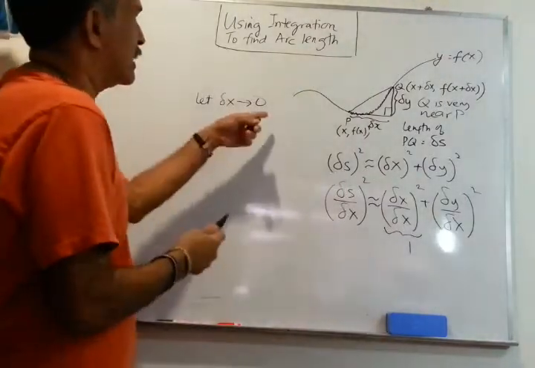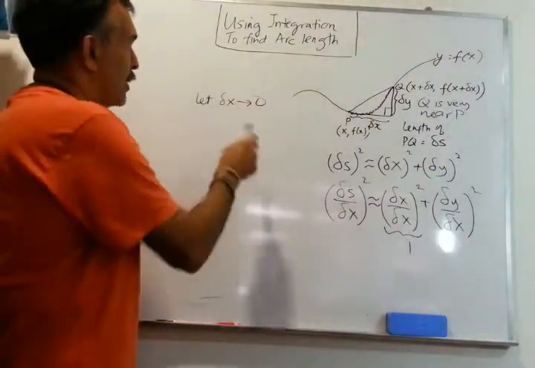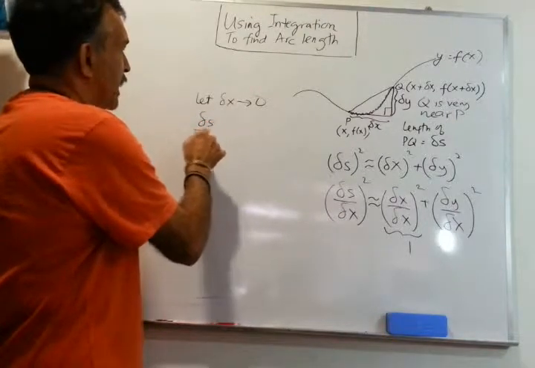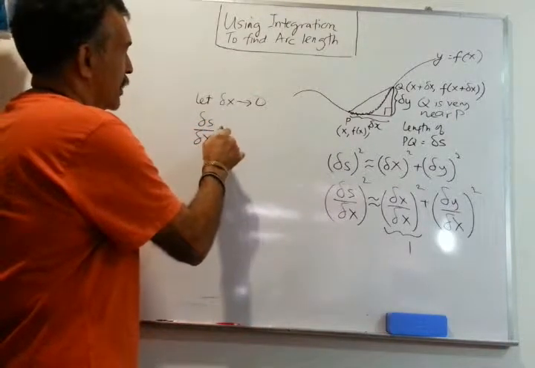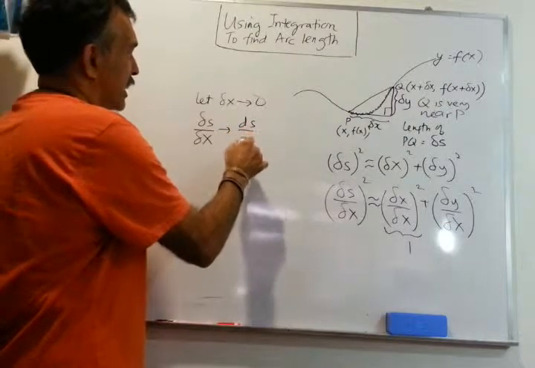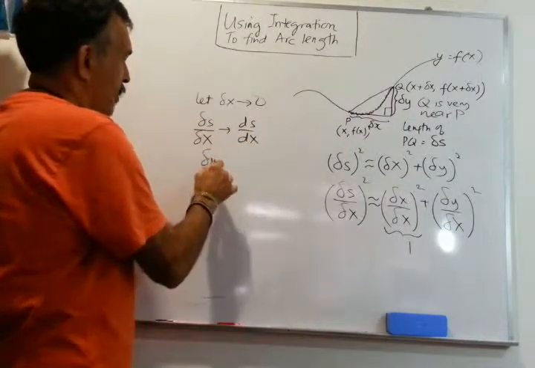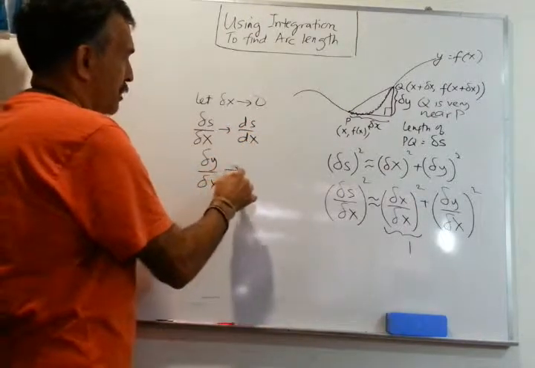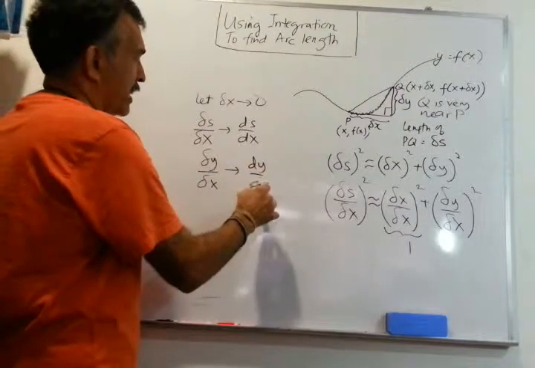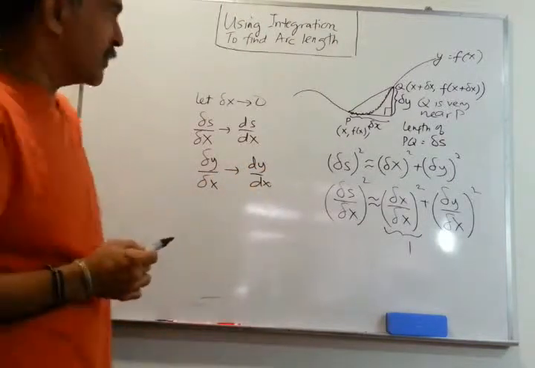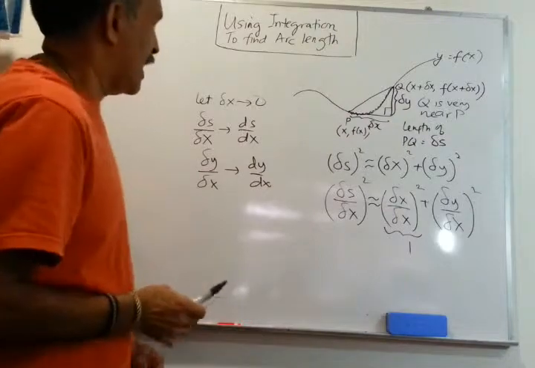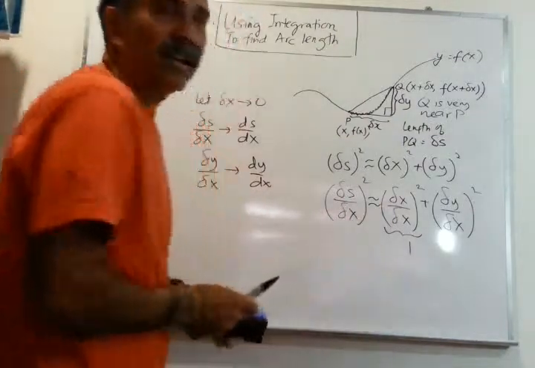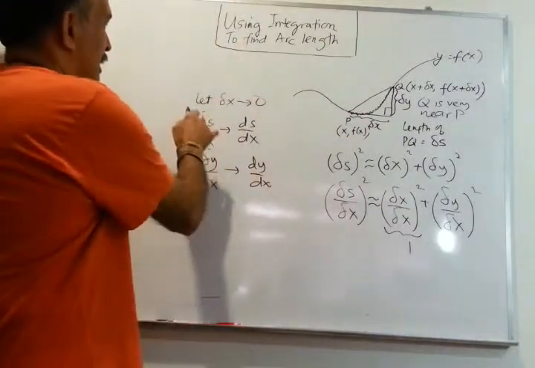So let delta x tend to 0. When you do that, delta s over delta x becomes ds/dx, and delta y over delta x becomes dy/dx. So now I'm going to write what I have here using the d's. Now this is an important idea.